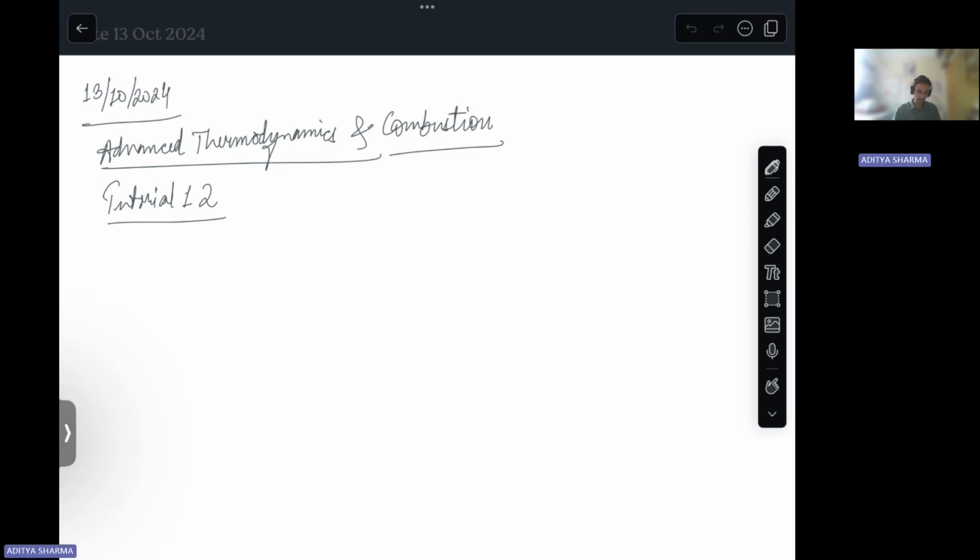So this is it. Then HFG we know. What is mu? This is basically the stoichiometric air to fuel ratio. Correct.